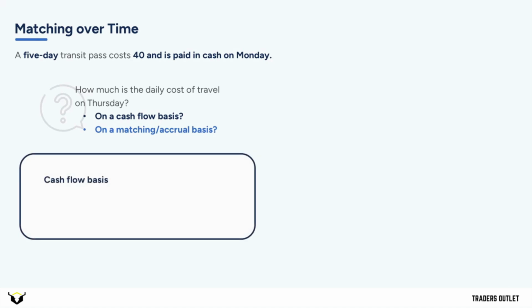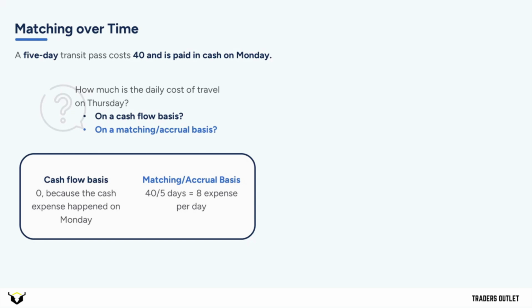If we were to use a purely cash flow method approach, you would have to say that it costs $0 on Thursday because no cash was paid on Thursday. However, the matching accrual basis tells us that really the travel that we incurred should have cost us $8. We get 8 by taking the total cost of 40 and dividing it by 5 days.